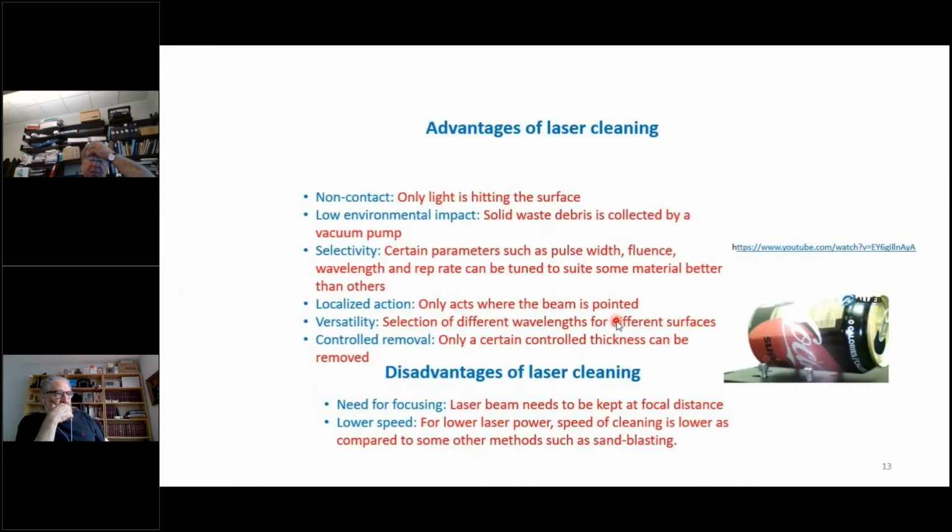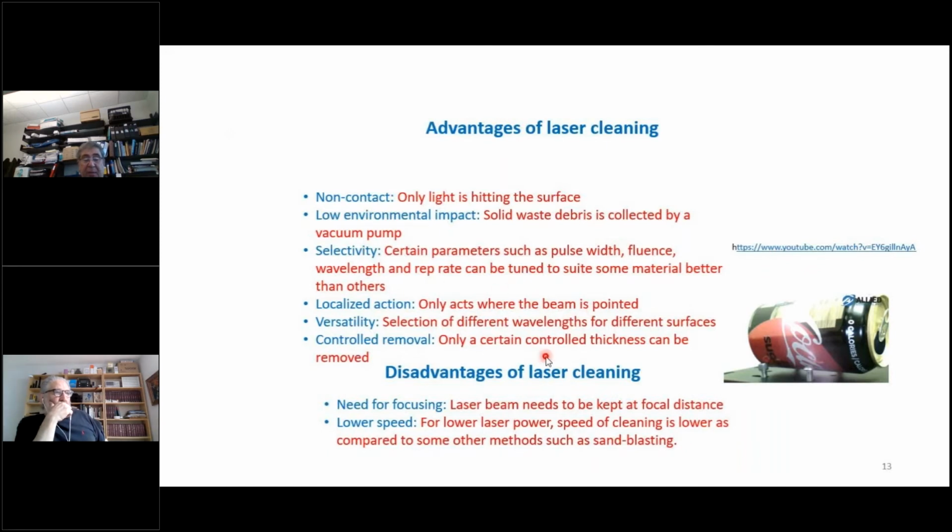However, when you compare that with laser cleaning, you don't use any secondary medium, so it's only light that is hitting the surface. It has very low environmental impact because, as you saw, the solid debris is removed on the spot by the vacuum pump. And another great advantage is the selectivity.